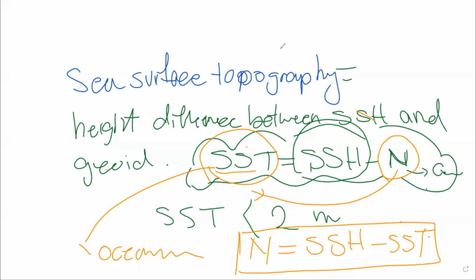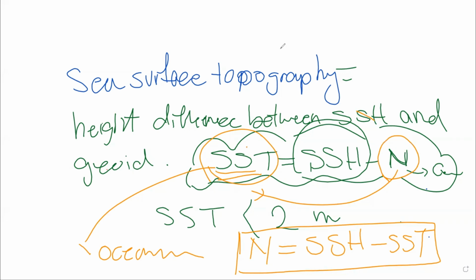But if they want to give SST from altimetry data, definitely they have used a geoid model from a gravity model. So you should look at where they have determined this geoid.